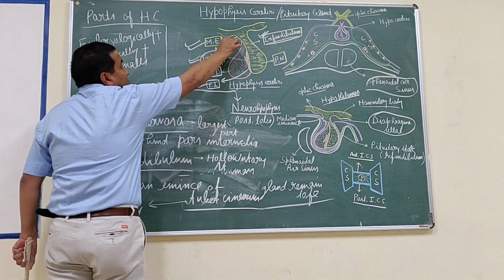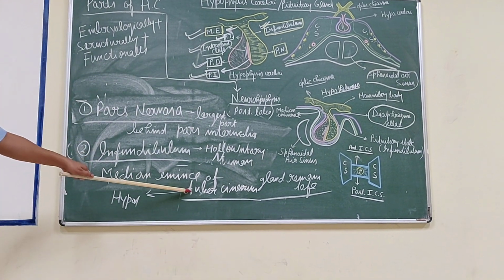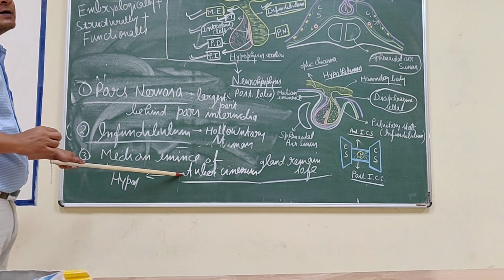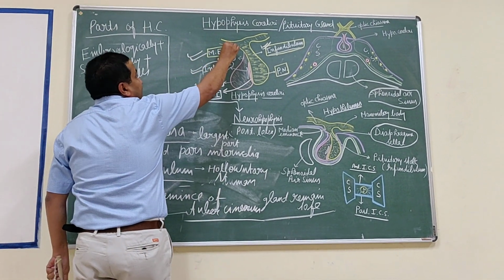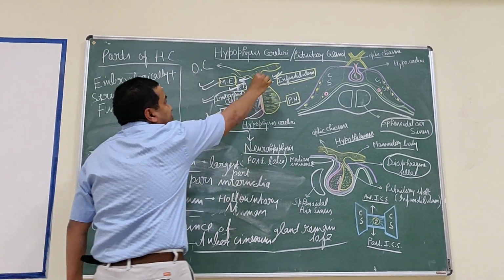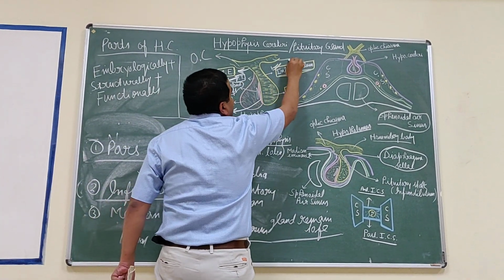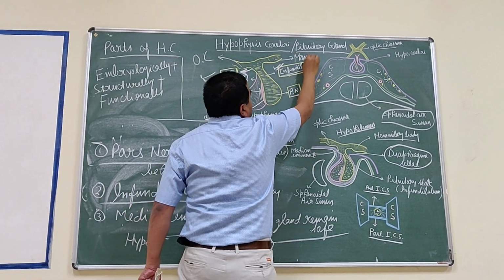This bulging is known as the median eminence of the tuber cinereum. Anteriorly it is bounded by the optic chiasma, and posteriorly by a structure we discuss in the brain, the mammillary body.